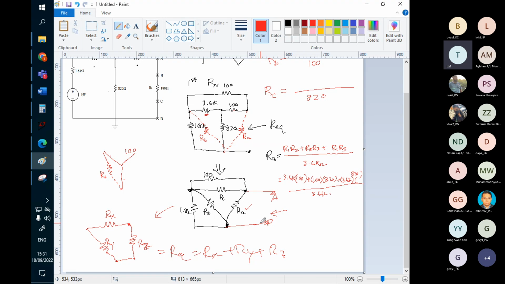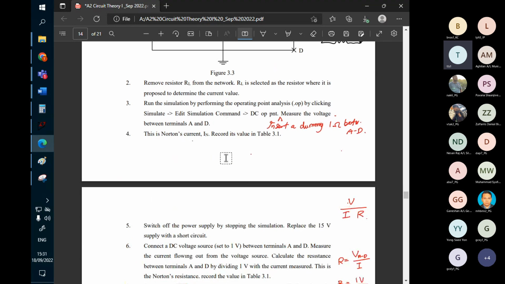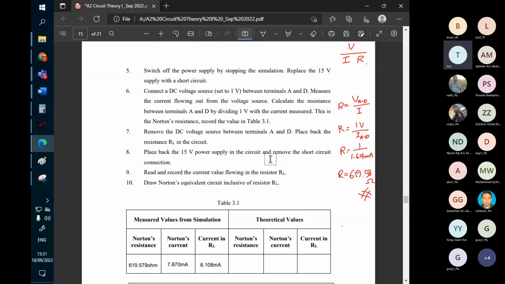Hold on, guys. Let me check something here. You need to show me the step by step. I think we actually mentioned that you need to show the step by step.